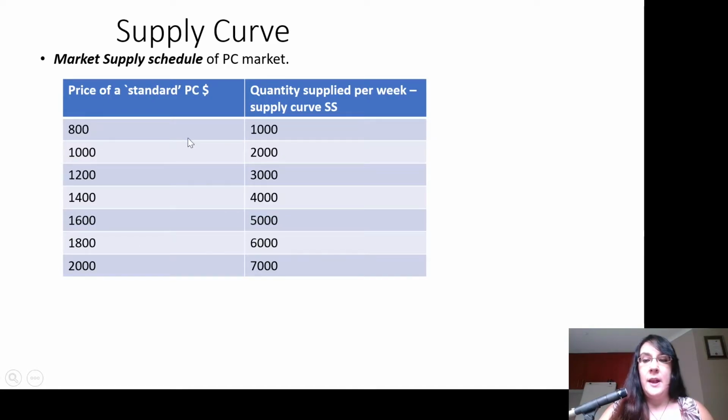In relation to that, I can see at a lower price, the quantity supplied is a lot lower than at a price of 2000, where the quantity supplied is 7,000, which is a lot higher than 1,000 over here. And then we're going to use this information from a market supply schedule to draw up our supply curve.